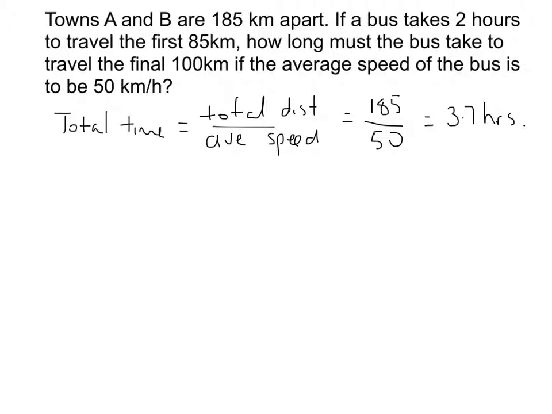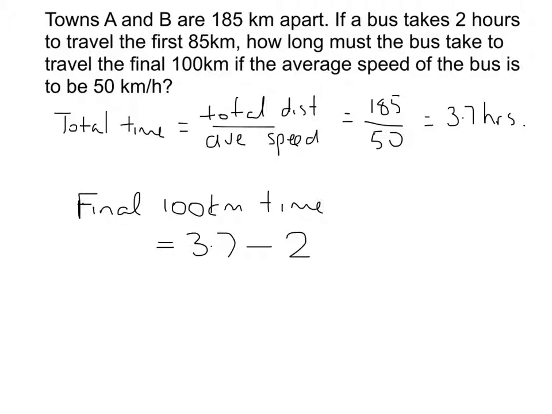So the time for the final 100 kilometres will be equal to 3.7 hours, take away the 2 hours it took for the first 85, which gives us 1.7 hours.